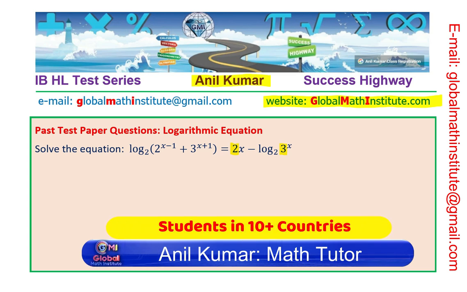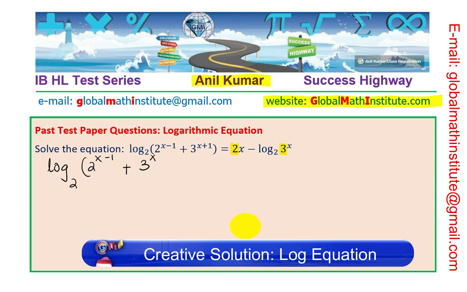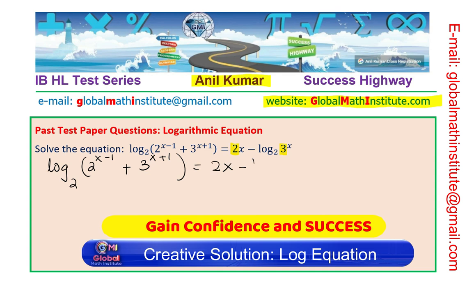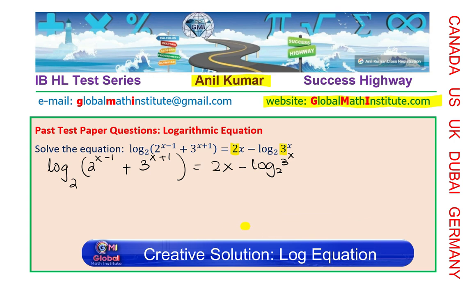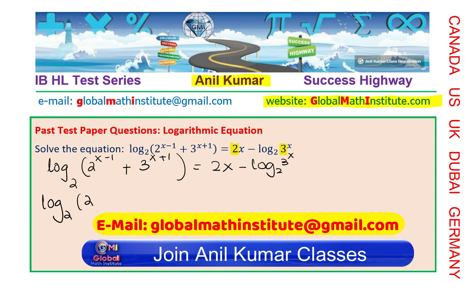So let me rewrite the question, which is log to the base 2 of (2 to the power of x minus 1 plus 3 to the power of x plus 1) equals 2x minus log to the base 2 of 3 to the power of x. Bringing logs to the left side is a genuine step which we should be doing. So we'll do that. And what do we get here?